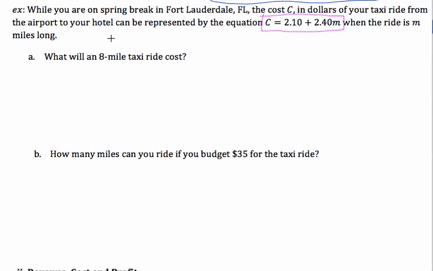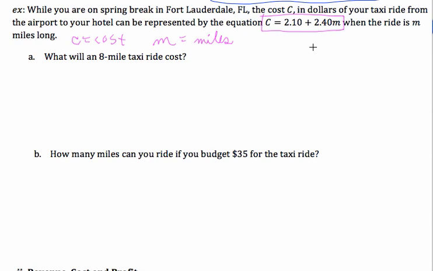It doesn't really matter where you're going in this problem, so it's the cost in dollars. Okay, so let's make a note of that. C equals the cost. You don't have to always write out your variables, but it can be really helpful to do so. What is M? It says when the ride is m miles long. So M is the number of miles that your taxi ride is.